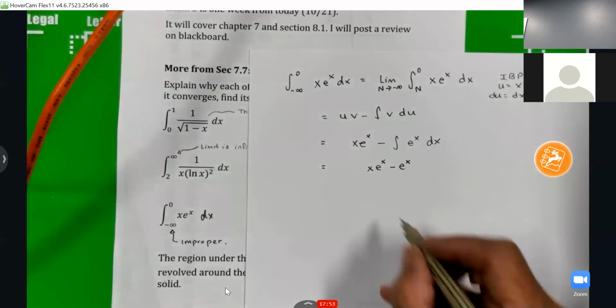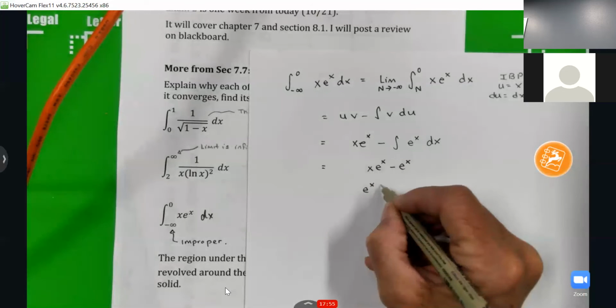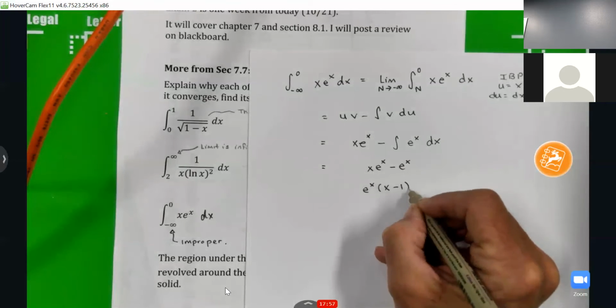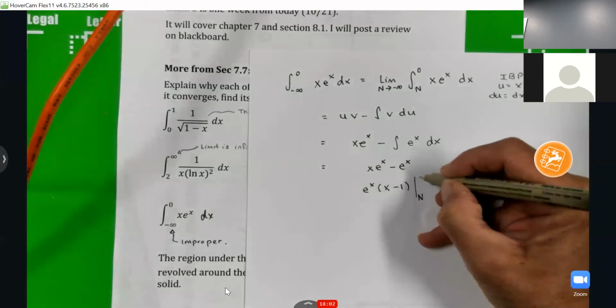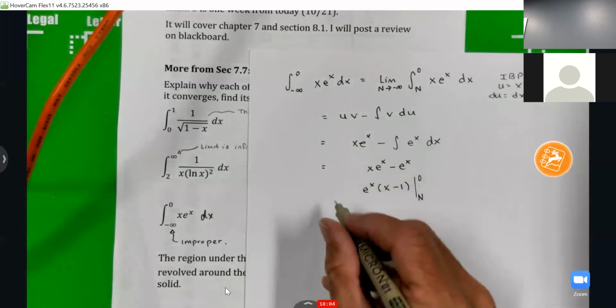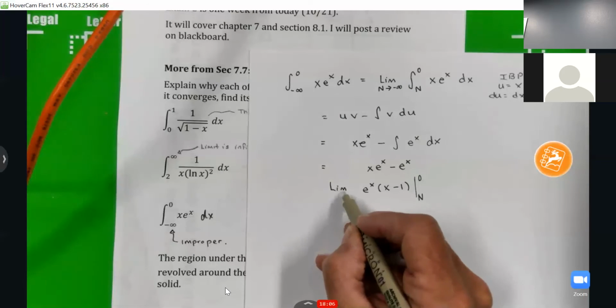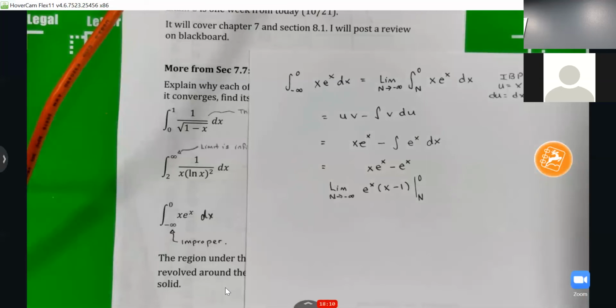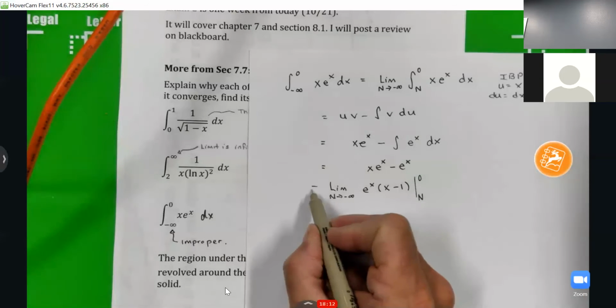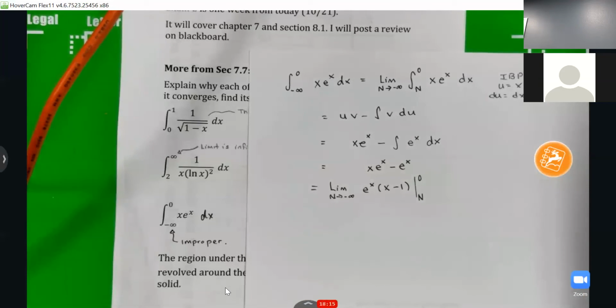And I think I'm going to factor out the e to the x. Now I'm going to evaluate that from n to 0. And then I'm going to take the limit as n goes to minus infinity. So we put the 0 in first.